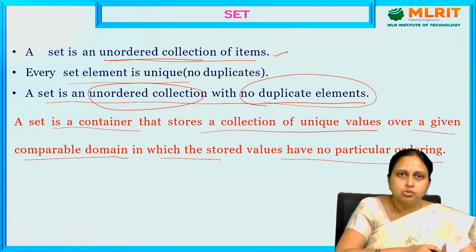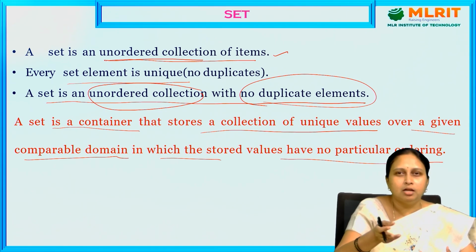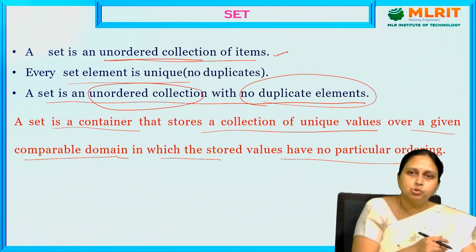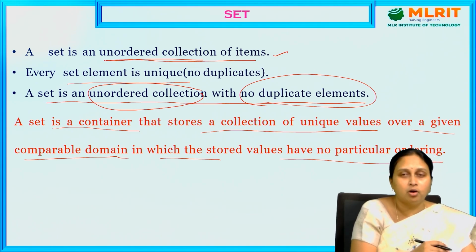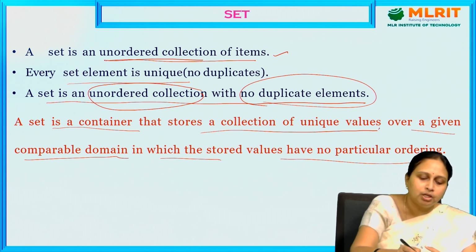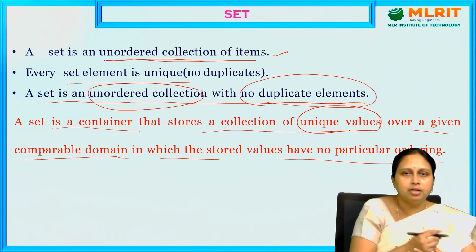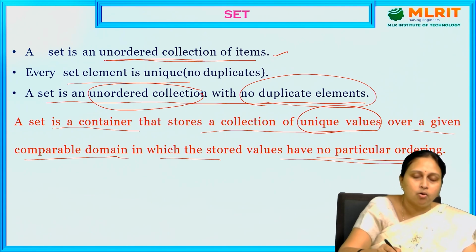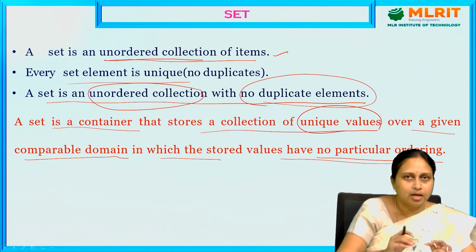Normally in a list or in a tuple, all the elements which you have placed will be in some order. But when you look at a set, the elements which you store should be unique values, and at the same time those values are not stored in a particular order. If I define a set, it will be in one order.